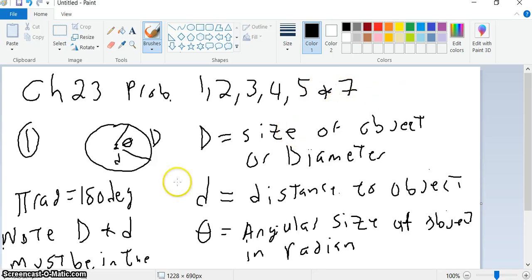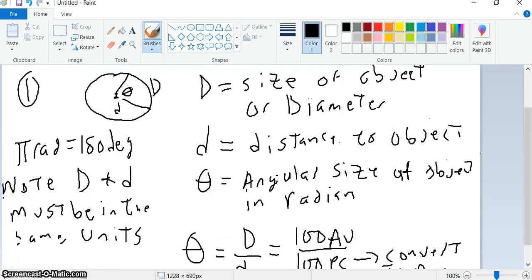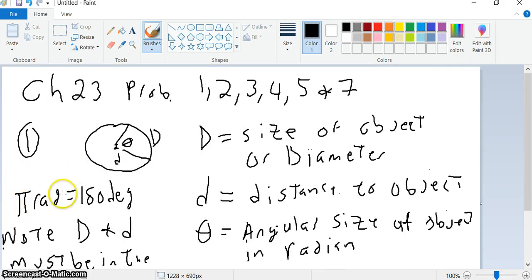So the first one I just read to you, and there's a couple of things that we need to think about here. If you think about just a circle, there's a relationship between the length of something, which would properly be called the arc length, and that's what the capital D is.